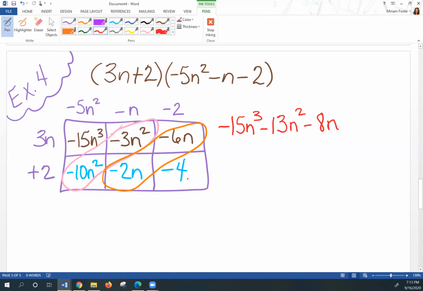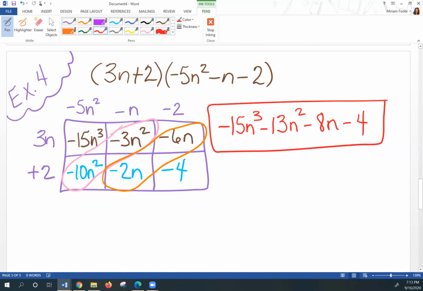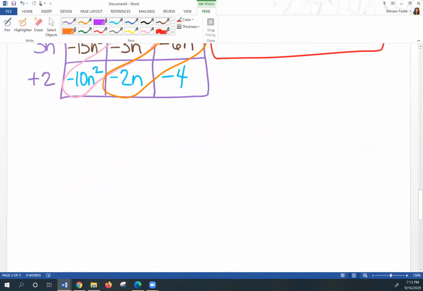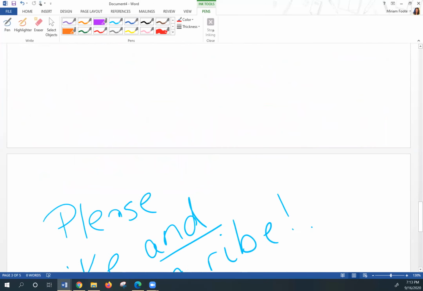And then finally my last box, which is negative 4. Looking at it, it's automatically in descending order. It's in standard form. The highest exponent is 3, then 2, then 1, and then nothing. So that is it. That's all you have to do for multiplying polynomials.